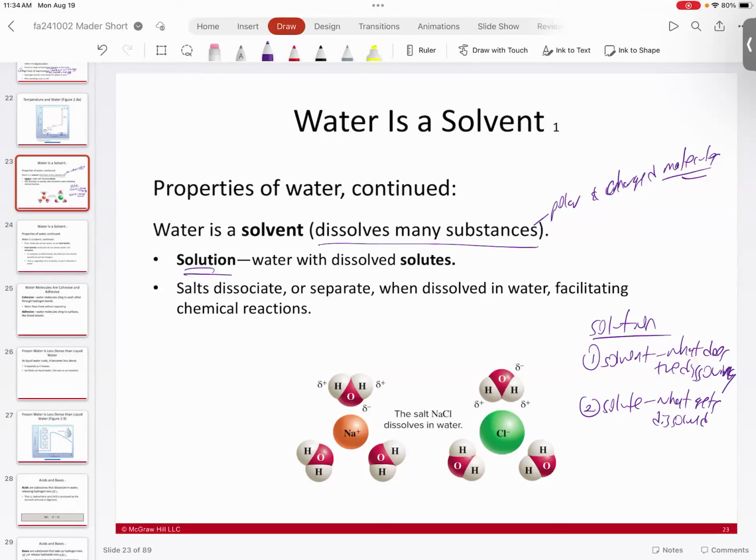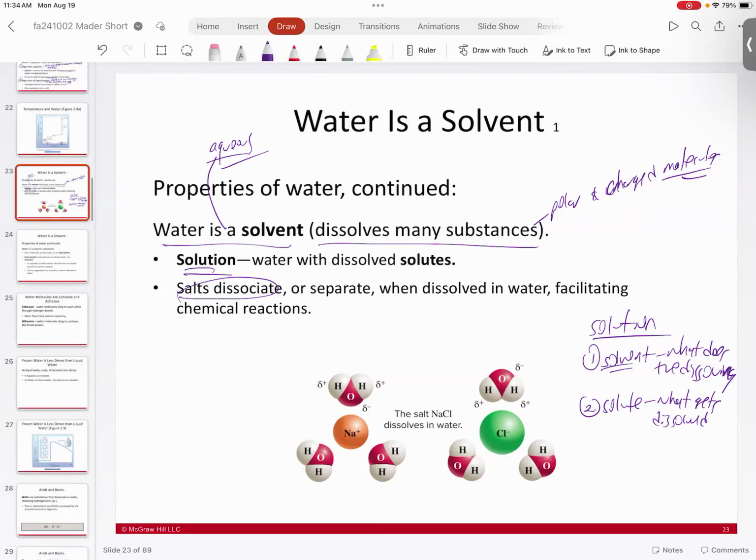Anything that's dissolved in a solvent is what's referred to as aqueous. So basically, if water is the solvent, we refer to it as aqueous, or dissolved in water. So for instance, salts, because they're ionic and charged, will dissociate and separate. We also have polar things that are like water that have positive and negative ends on them. Those will also dissolve in water.